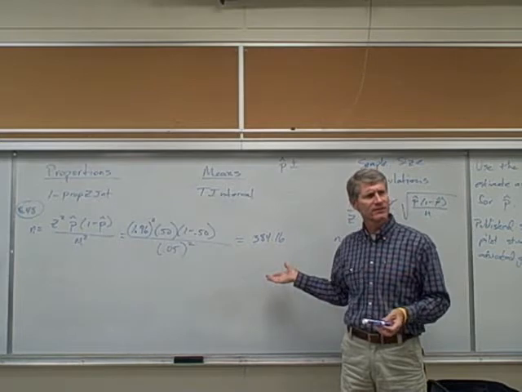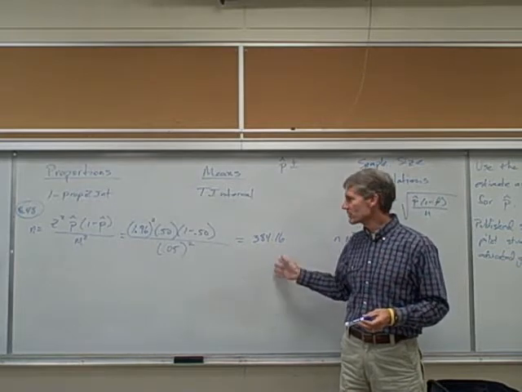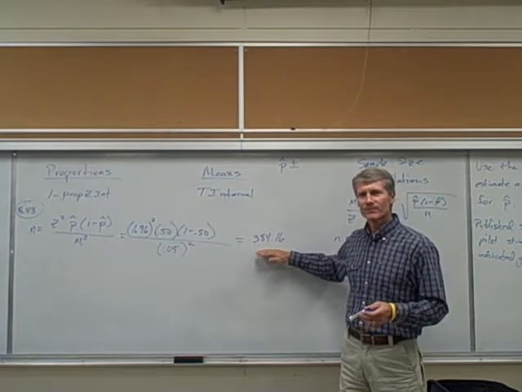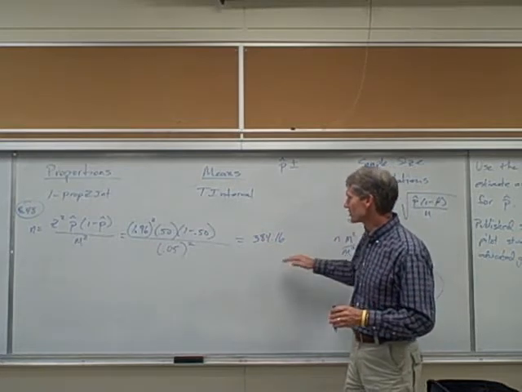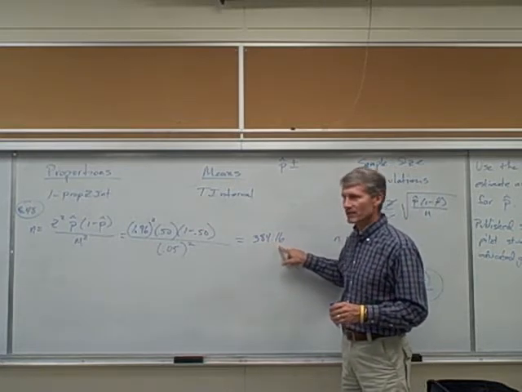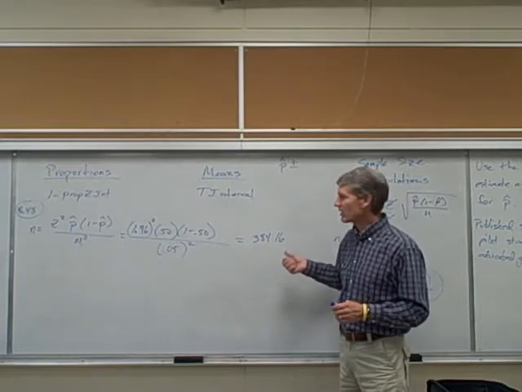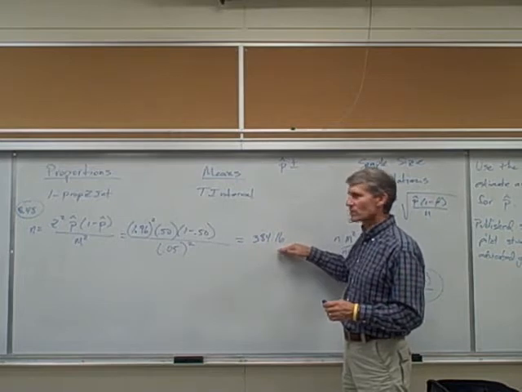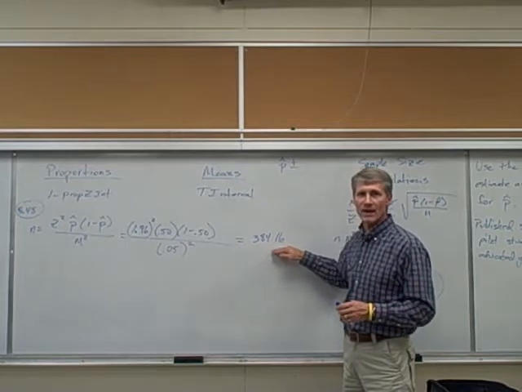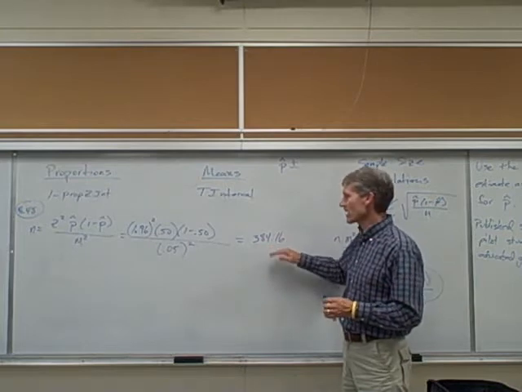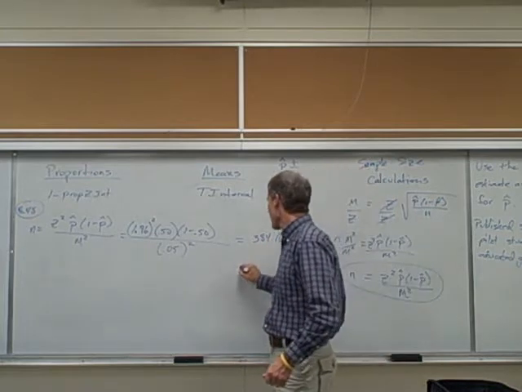So what do I need to do? The answer needs to be a whole number, right? Well, some textbooks would say if there's any fraction left over, you need to go up to the next whole number. But our author says, just use whatever number's closest. So round off. Instead of round up, you round off. So this would round to 384.